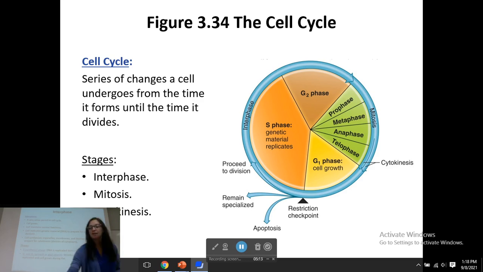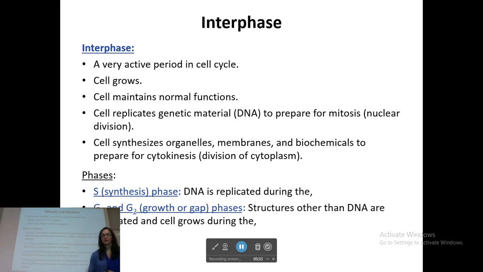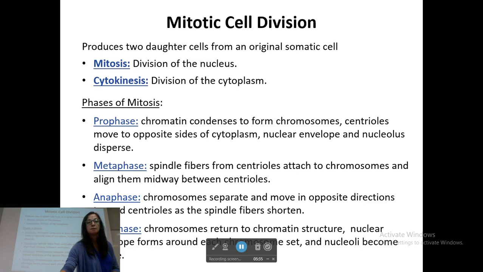Then we have the phases here with synthesis, G1 and G2. And remember, it actually stands for gap, but you can think of it as growth because there is stuff happening there.